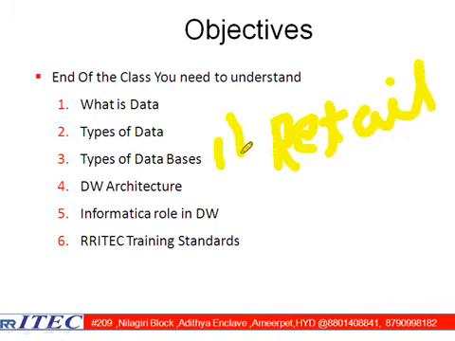The second type of business, let us say, is the banking business. You went to a bank and said, I have $500 in my pocket, could you please deposit this $500 into my account?